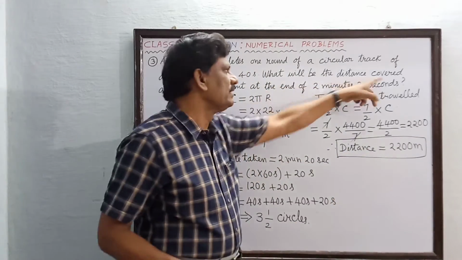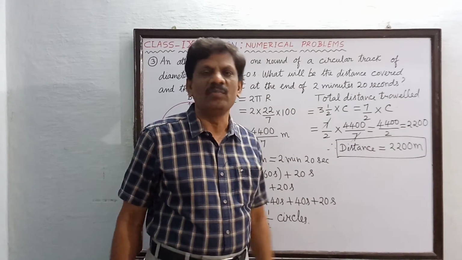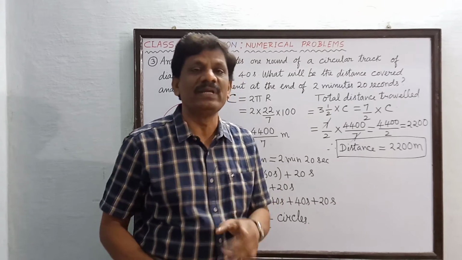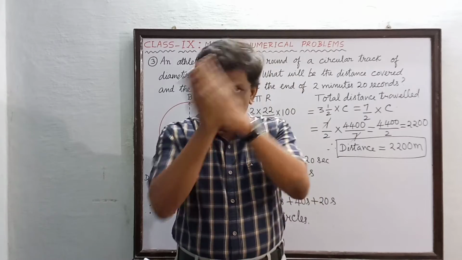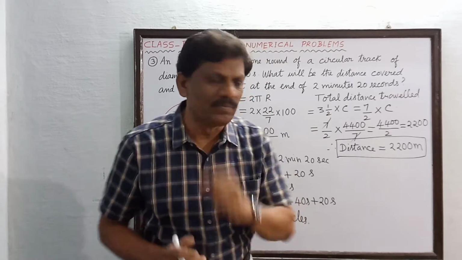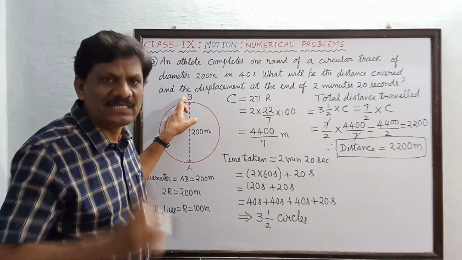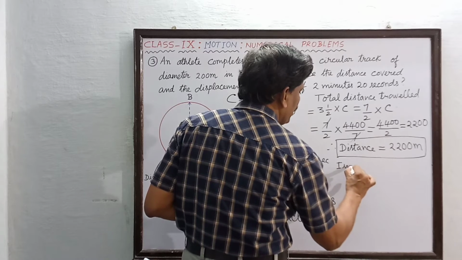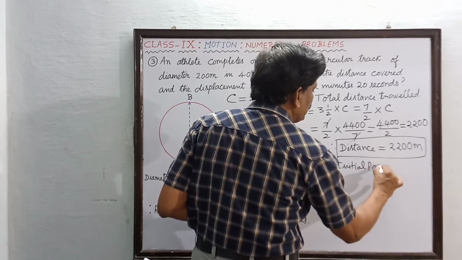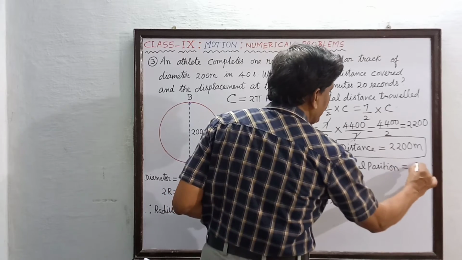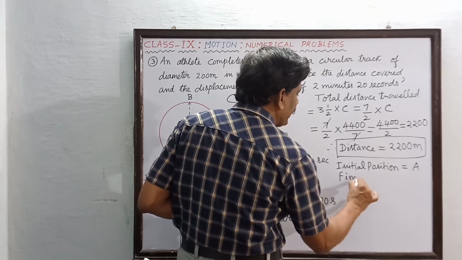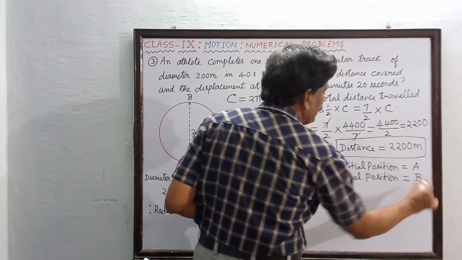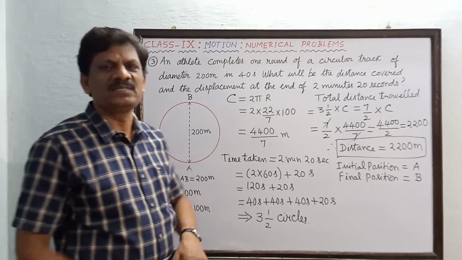So this is one part of the answer. What will be the distance covered? The distance covered is 2200 meter. Now children, after the athlete has completed 3.5 circles, where will his final position be? Final position will be at B, is it not? So the initial position is A, and the final position after the given time is B. Now how will you find the displacement of the athlete?